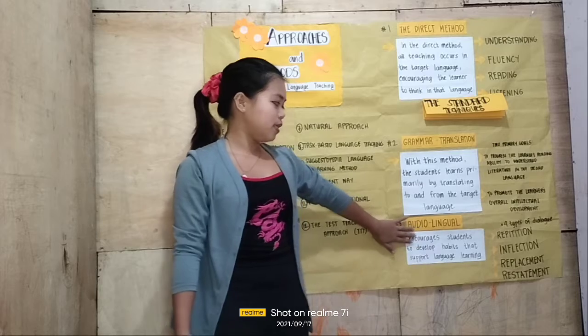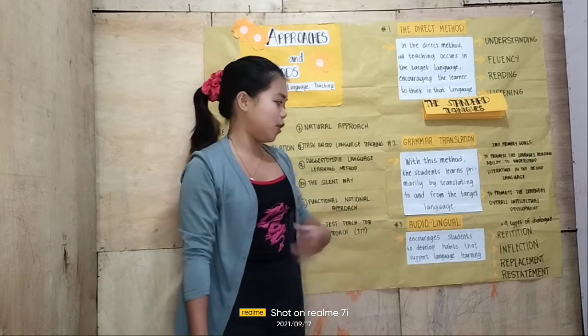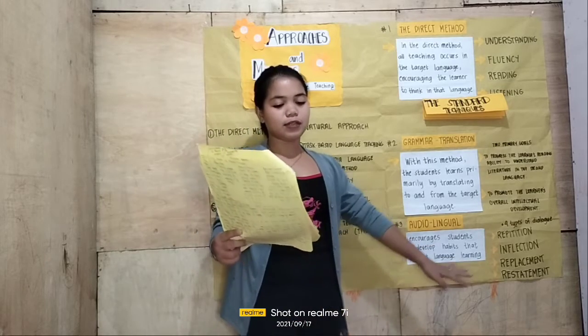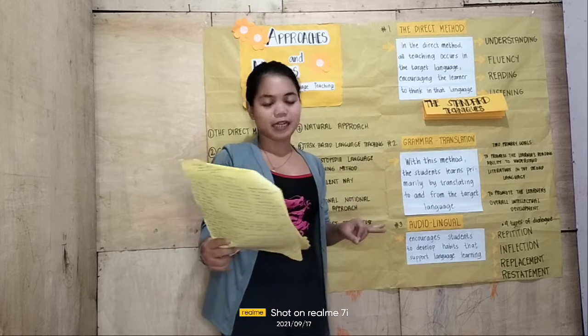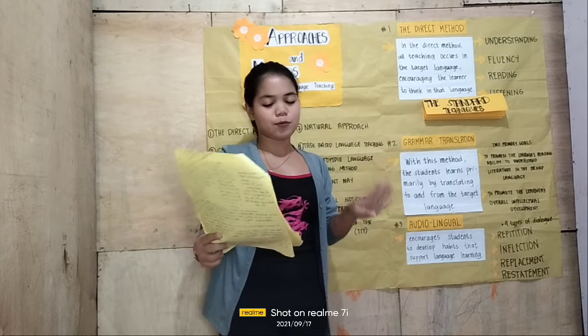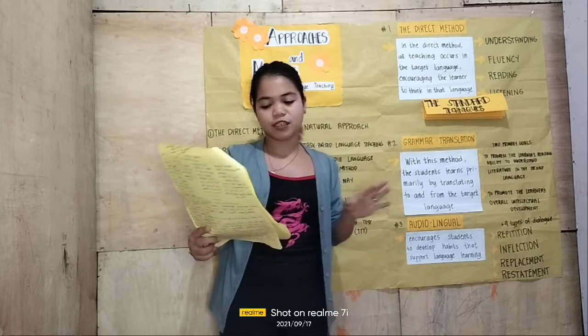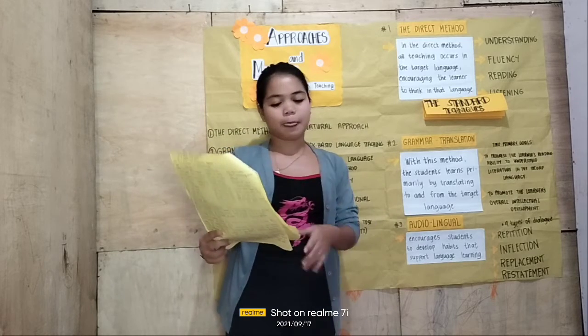The third one is the audio-lingual. The audio-lingual encourages students to develop habits that support language learning. There are 4 types of drills, and that includes repetition, inflection, replacement, and restatement. Repetition, in which the student repeats the teacher's statement exactly.